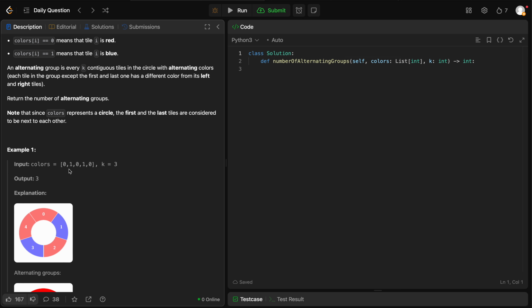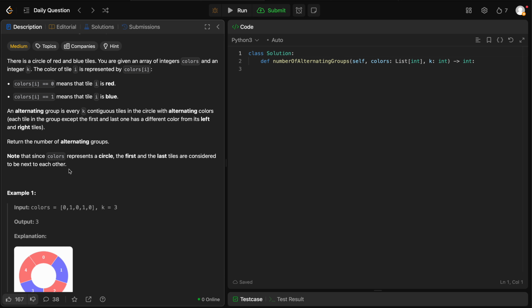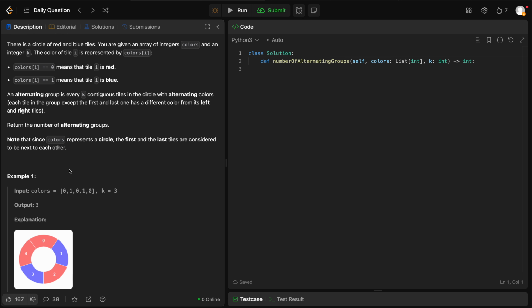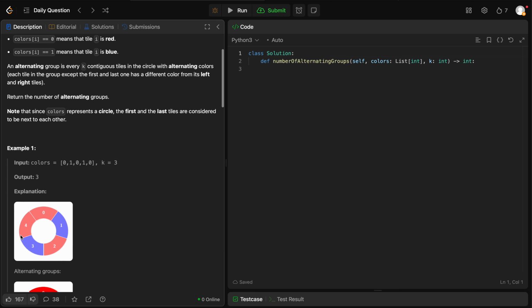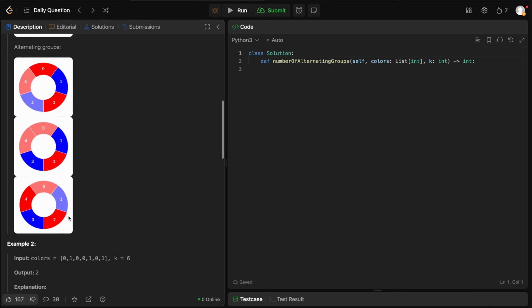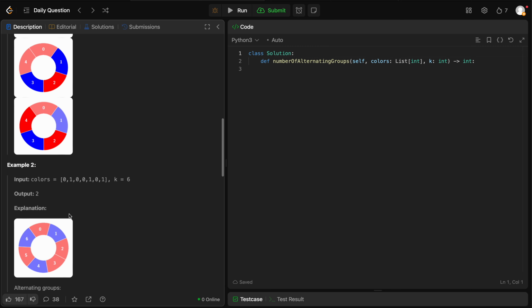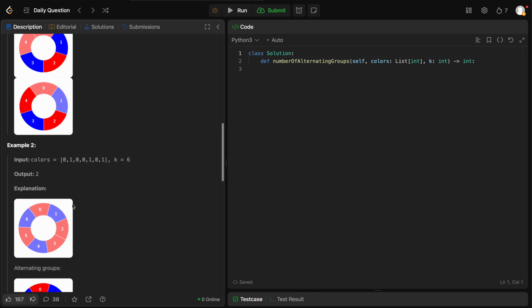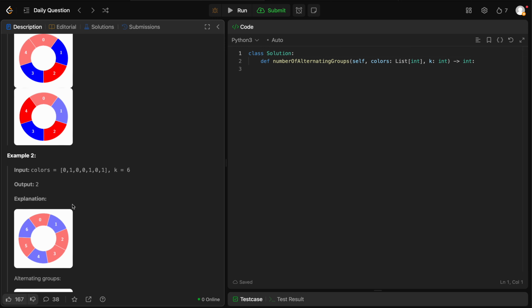Okay, so what is k? Three continuous tiles in a circle with alternating colors. So this is 1, this is 2, this is 3. So 6.